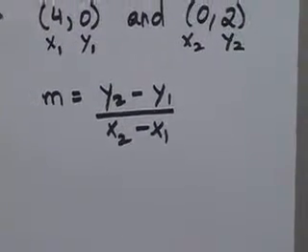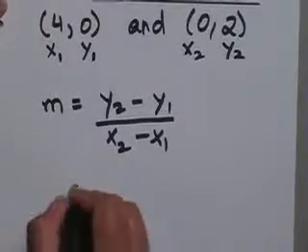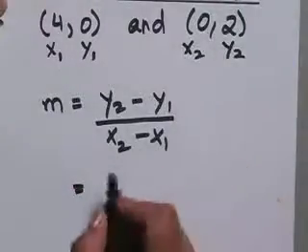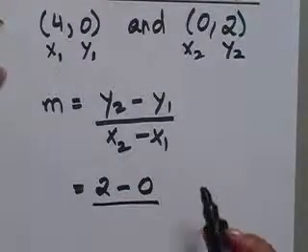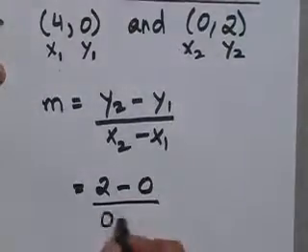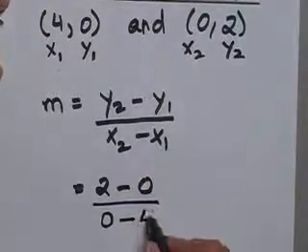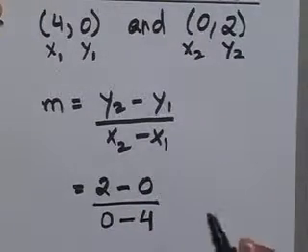Alright, so let's go ahead and substitute. You have y2, which is 2 minus y1, that is a 0. x2 is a 0 minus x1, which is a 4.